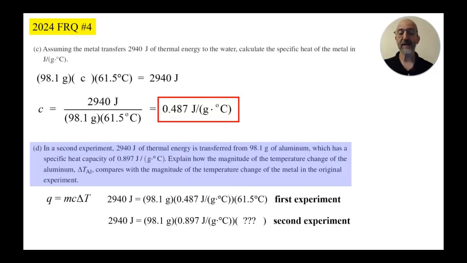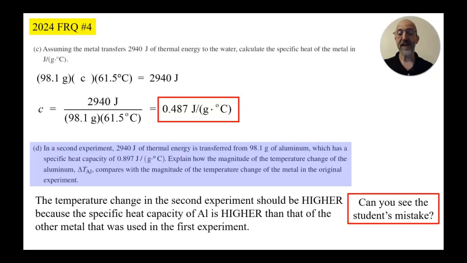Explain how the magnitude of the temperature change of the aluminum compares with the magnitude of the temperature change of the metal in the original experiment. Now, what this is about is, do you understand the relationship between the delta T and the specific heat capacity of the metal? So I'm going to show you an incorrect answer. This is what the student said. They said that the temperature change in the second experiment should be higher because the specific heat capacity of aluminum is higher.